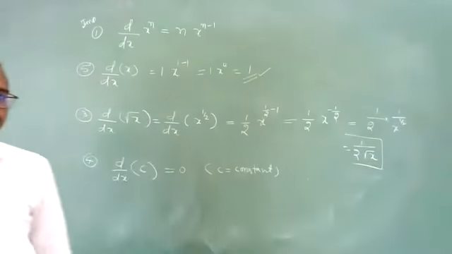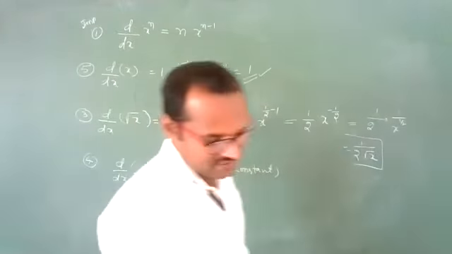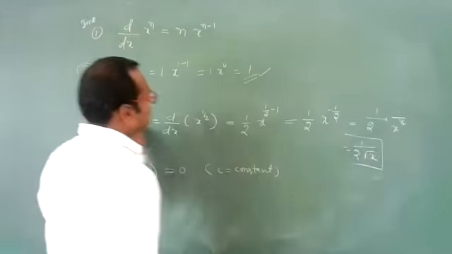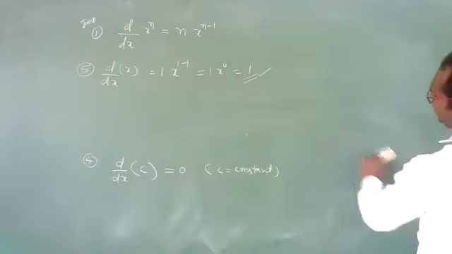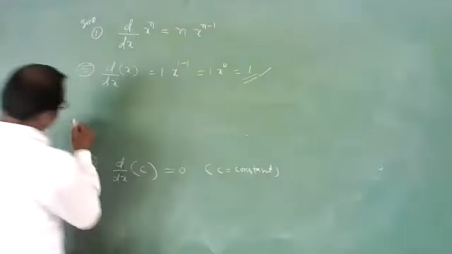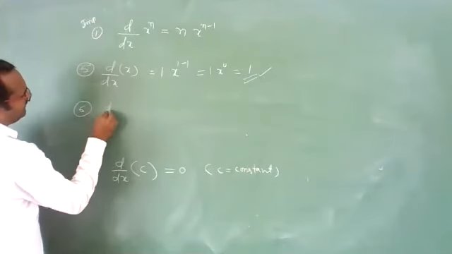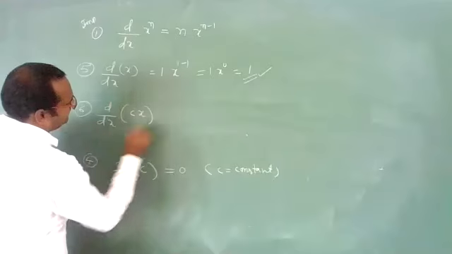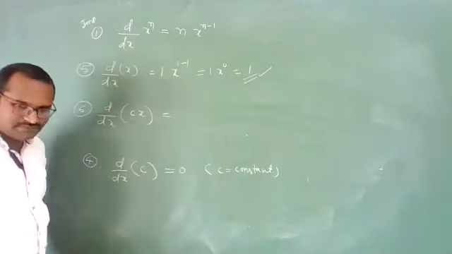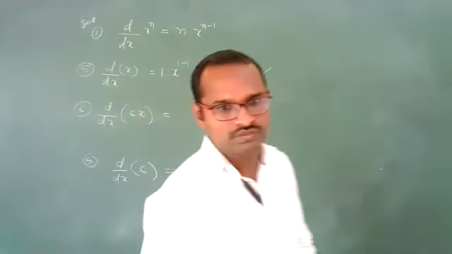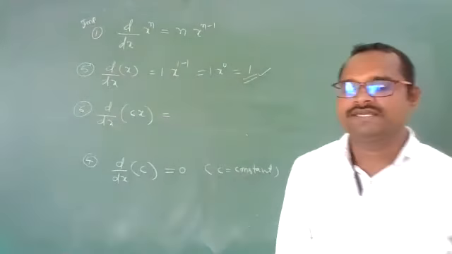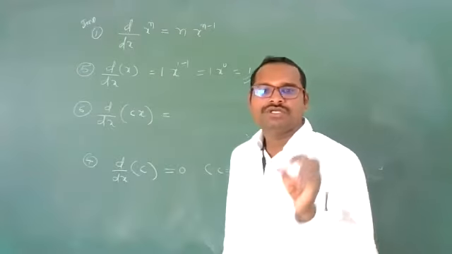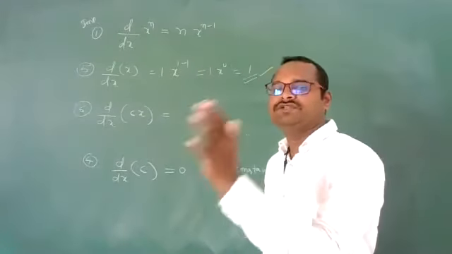Okay. Next. Now, let us suppose we are having d by dx of some constant into x. Then what to do? Students, whenever you are having a constant quantity in differentiation, you should take it out of the differentiation.